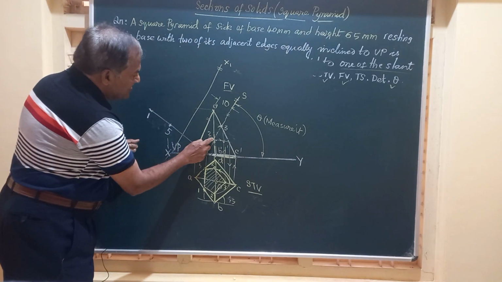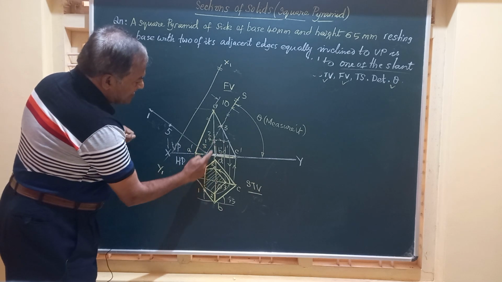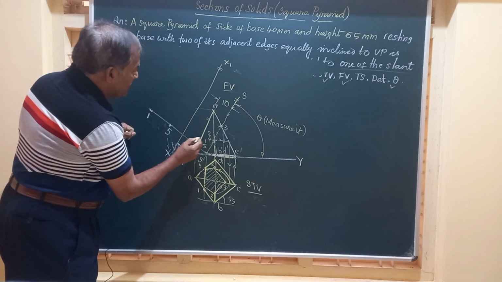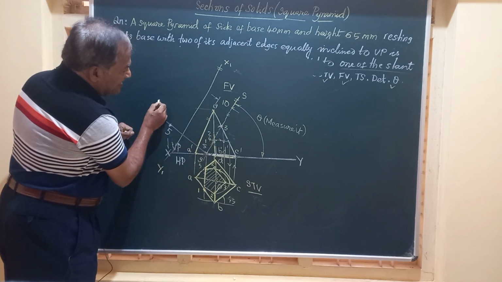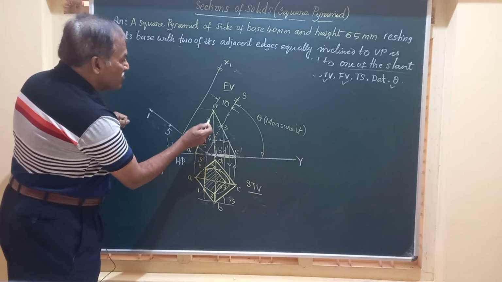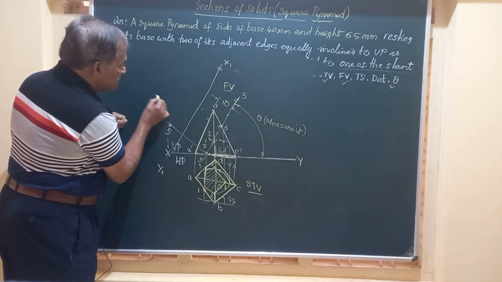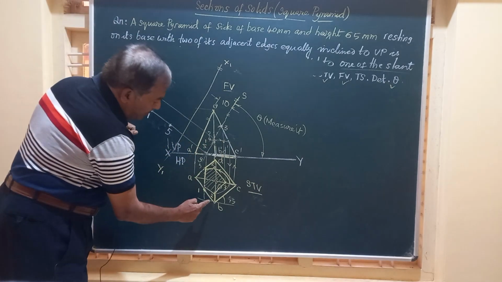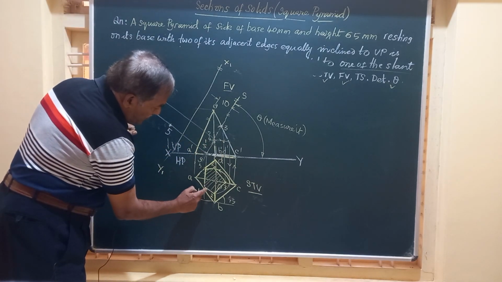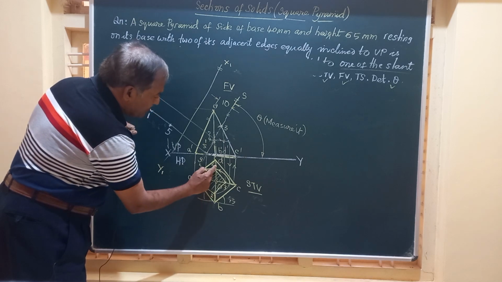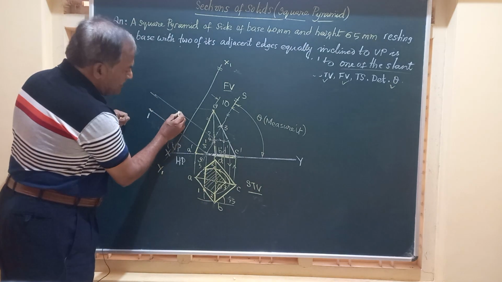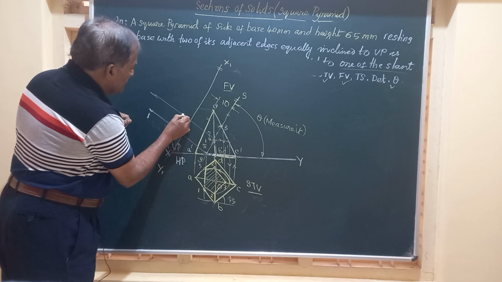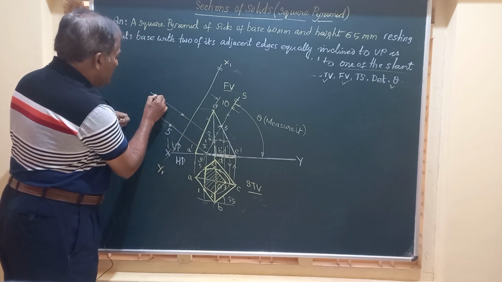Likewise, this is the other point, 2 and 4. So I will draw a line perpendicular to this SS, and on this I am going to mark points 2 and 4. 4 is nearer and 2 is away.